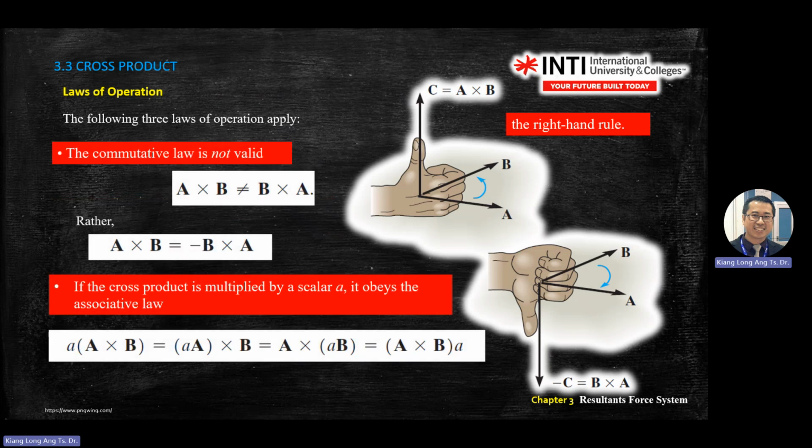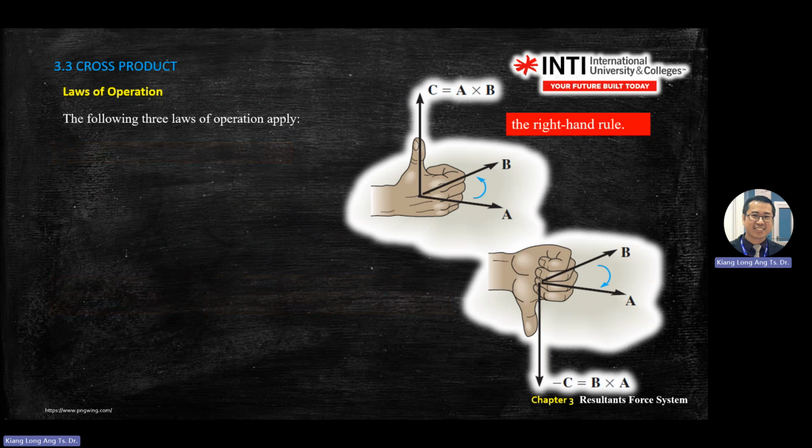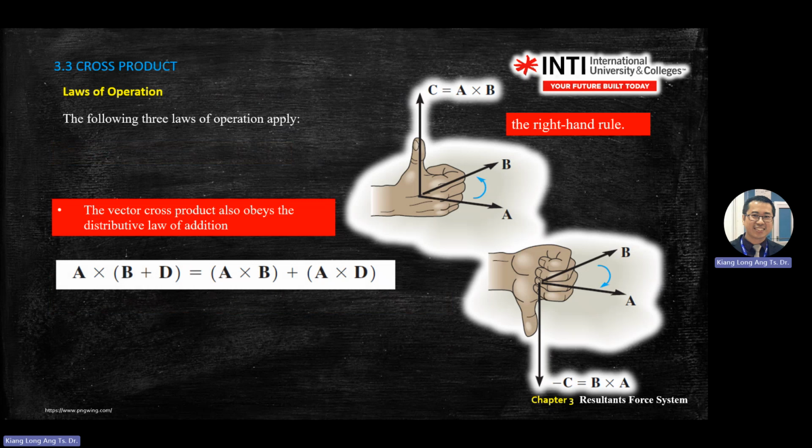One, A cross B is not equal to B cross A, but if you want to make them equal, put negative on either one of the vectors. Then if you have a scalar, remember you only can multiply one of the vectors. If you have a cross with a bracket of plus 2 vectors, you can split into 2 cross products.